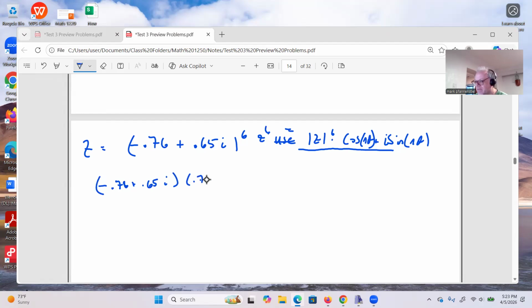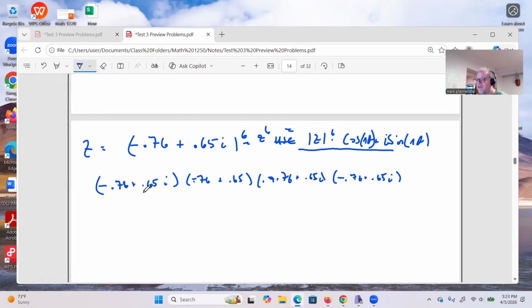I do not want you to multiply this out and FOIL this thing out to the sixth power. Like, no, don't do that. I want you to use the modulus raised to the sixth power times cosine of n theta plus i sine n theta.